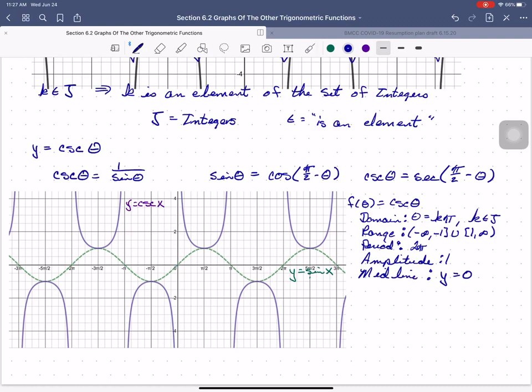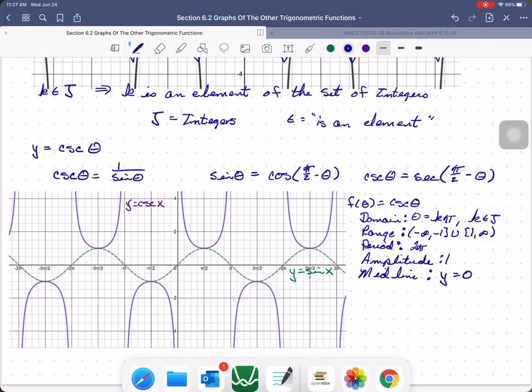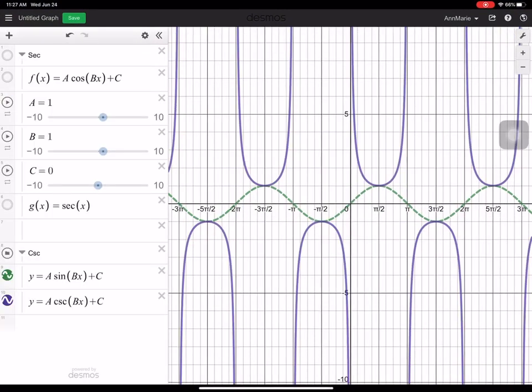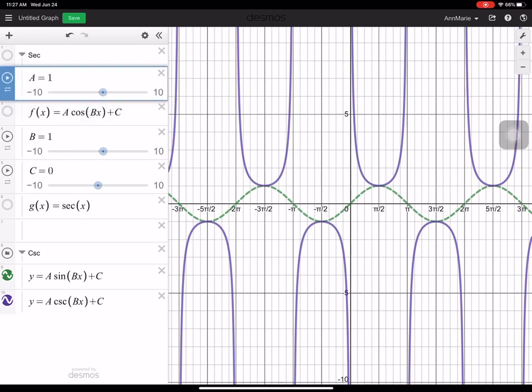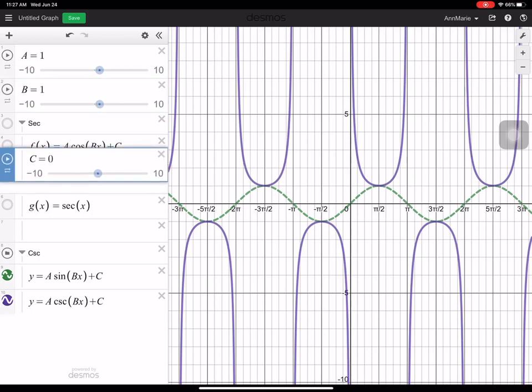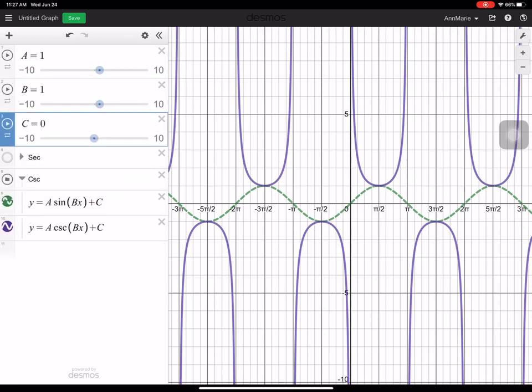Okay. Now, I put in those adjusters, and let's take a look at that. Let me pull those out, actually. So I put in our external multiplier and our internal multiplier and our c. These affect secant and cosecant in exactly the same way they affect sine and cosine.